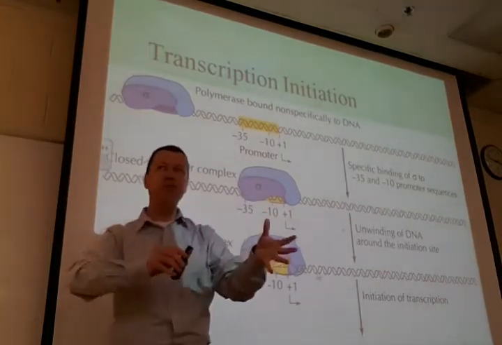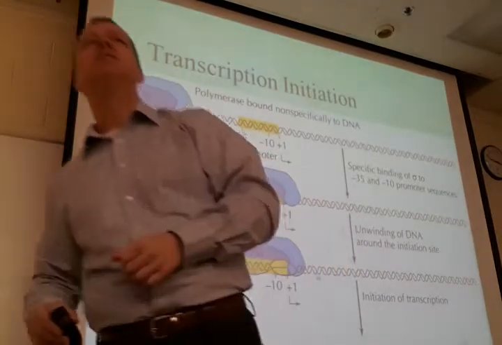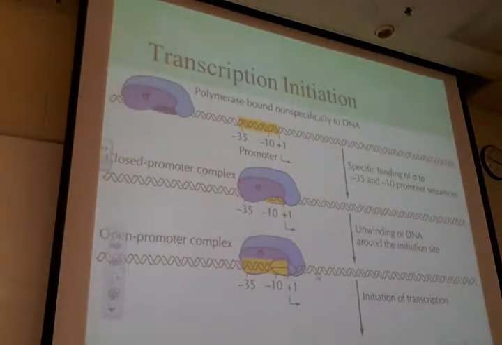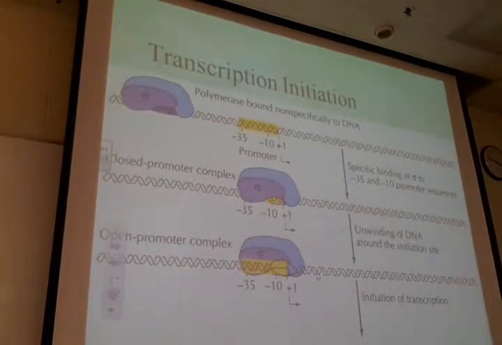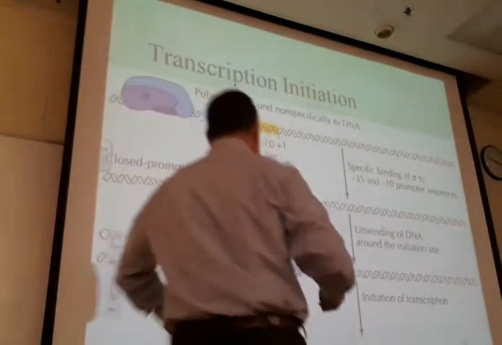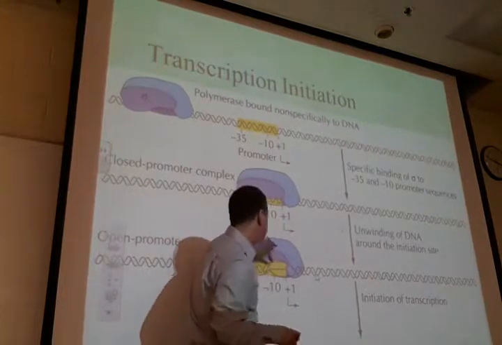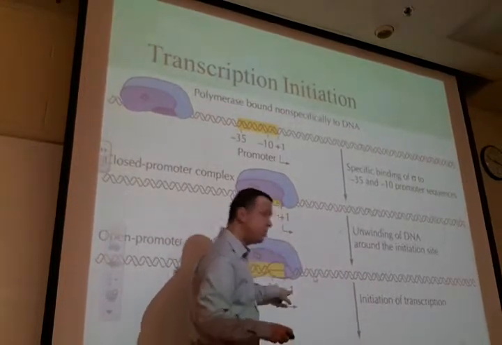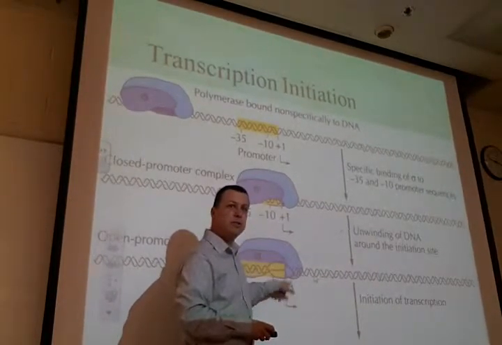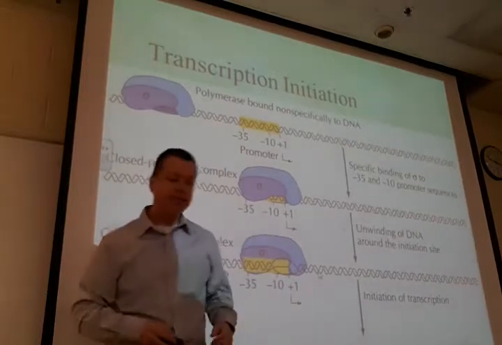It doesn't really know where the gene is. It sort of guesses. So sigma is absolutely vital to get this process started correctly, because it has the ability to recognize the promoter, which puts the rest of the enzyme in the perfect location for the start site of the gene, the first nucleotide of the actual gene.